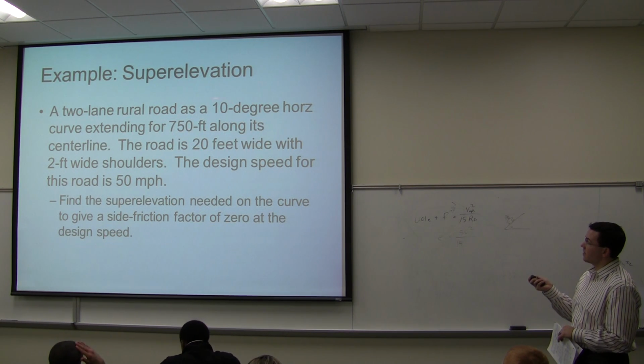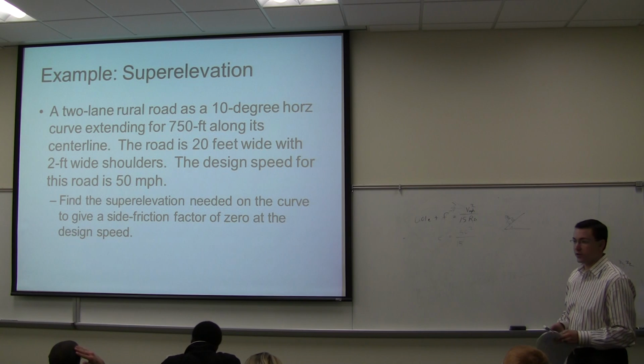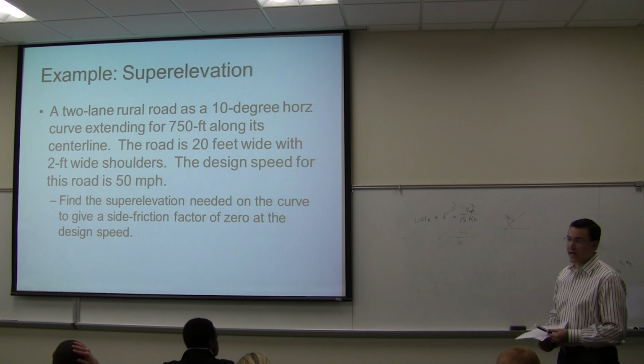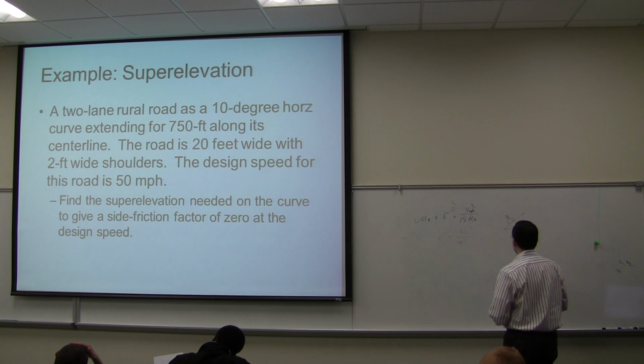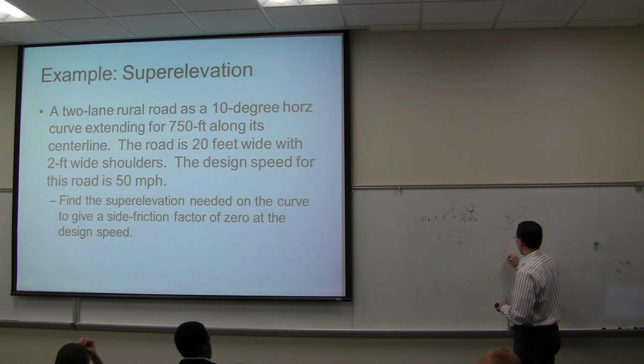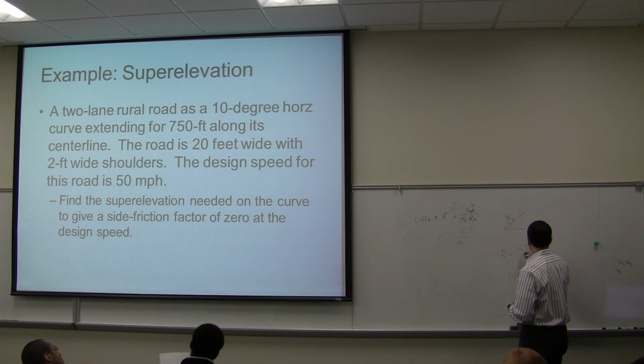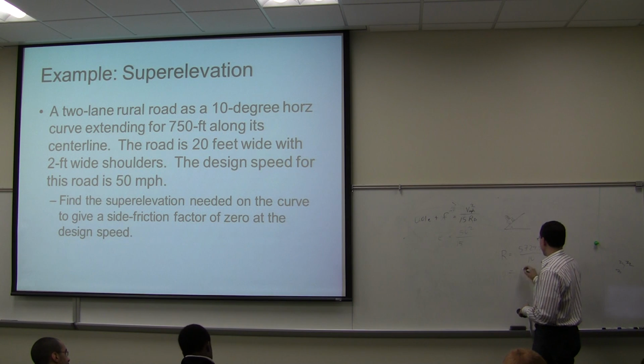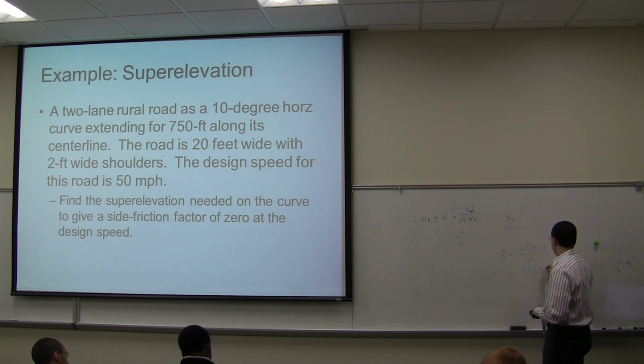We have a 10-degree horizontal curve. That 10 is our D, our degree of curve. So we should be able to find R by 5729.58 divided by D, which is 10. This will give us a radius of 572.96.